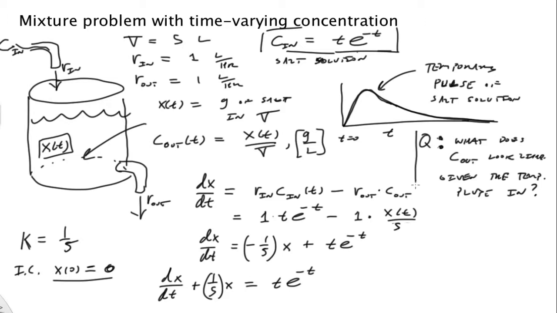That's the qualitative question we want to ask. So we expect that it's going to take a while, and we're going to get something that goes like this. The salt concentration will go up, but it might be somewhat delayed, and then it'll eventually decay back down as well. That would be my guess, and we'll put a question mark on that. But let's see if we can get some insight by solving the equation.